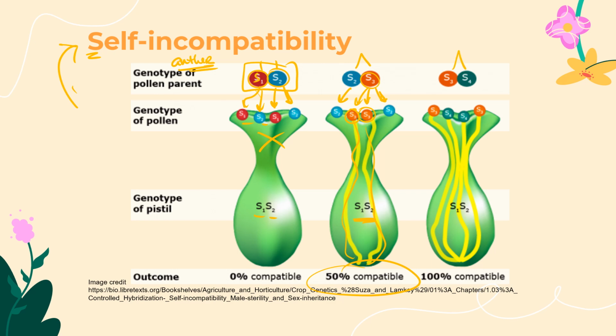Should the alleles of the parent anther be completely different from the alleles of the carpel, well, then all of those pollen grains are able to grow their pollen tubes, and fertilization can occur from all of the pollen grains. So we have to have not matching alleles in order to increase that genetic diversity in order for those pollen tubes to even grow so that fertilization can occur.